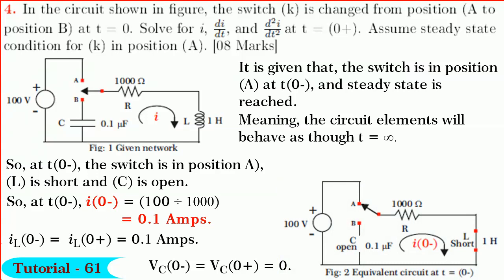We find that I0 minus is equal to 100 divided by 1000 and that is equal to 0.1 amperes. Also, IL0 minus is equal to IL0 plus is equal to 0.1 amperes. Further, Vc0 minus is equal to Vc0 plus is equal to 0 since the circuit is open.